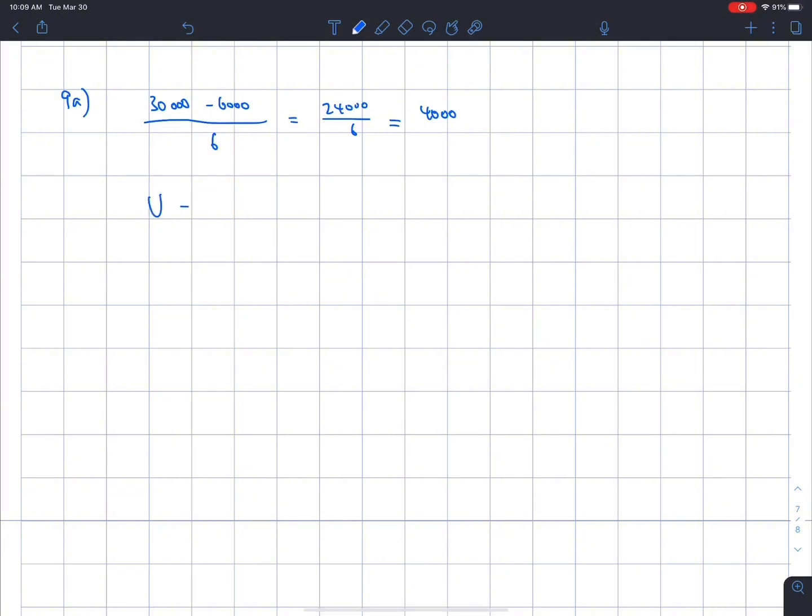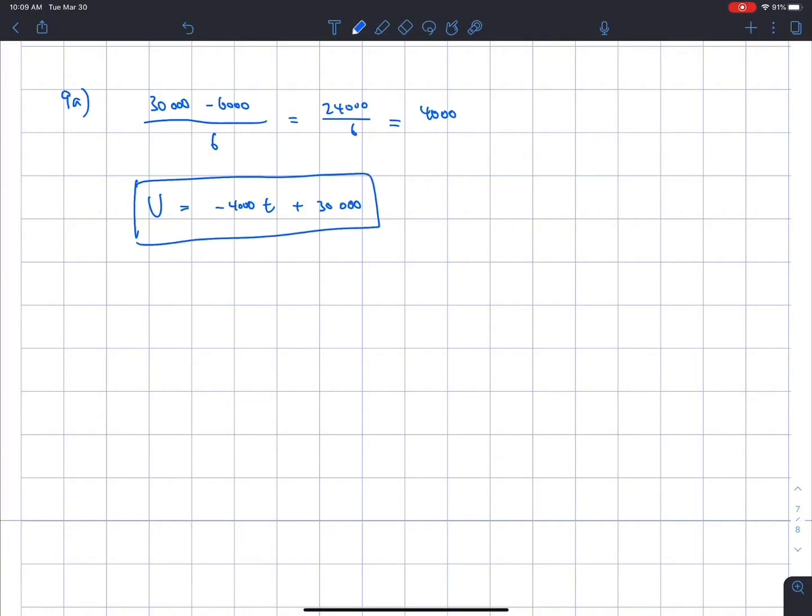So I can say value equals negative 4,000 times the number of years t plus 30,000. I want to add 30,000 because when t is 0, we already know the car is worth $30,000.